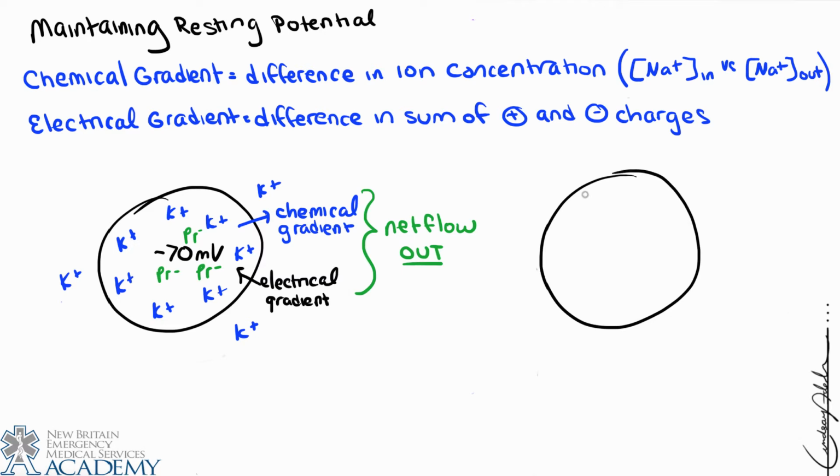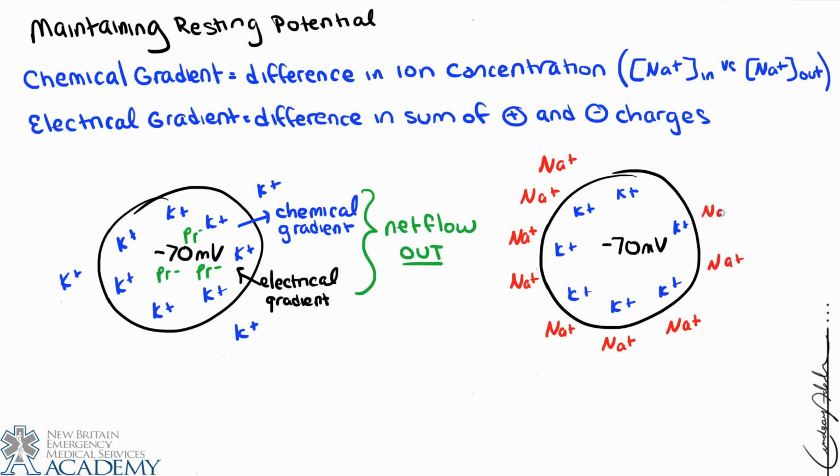Now we could compare that to sodium. We know that we have our negatively charged protein anions inside the cell. We're still at minus 70 millivolts. And we also know that we have the positively charged potassium ions. And then there's an abundance of sodium ions outside the cell and very few inside of the cell. So if we consider the chemical gradient alone, the sodium wants to move into the cell down its chemical gradient.